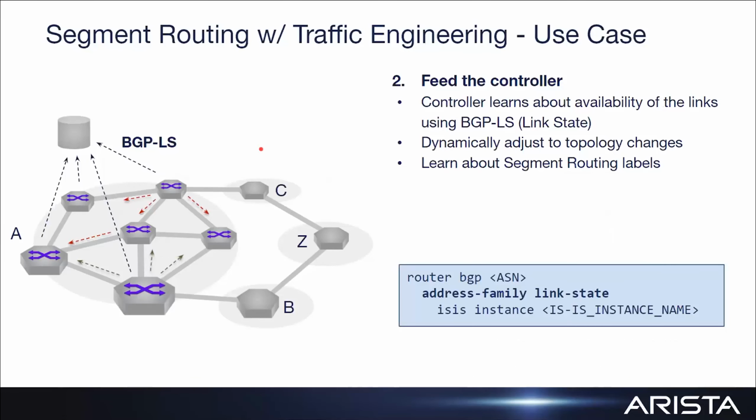In our case, the BGP link state extension could be used as really an efficient vehicle for updating the controller with such information. BGP-LS is delivering topology information, including nodes and links and their labels. And well, it is enabled with yet another dedicated address family under the BGP process.